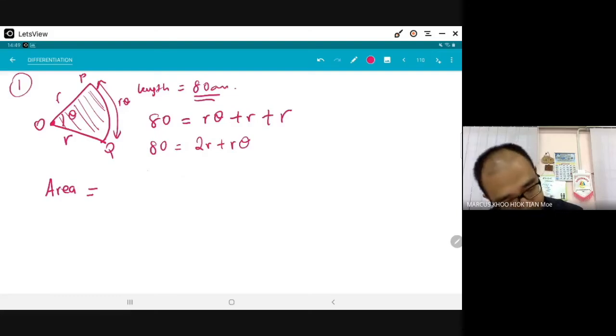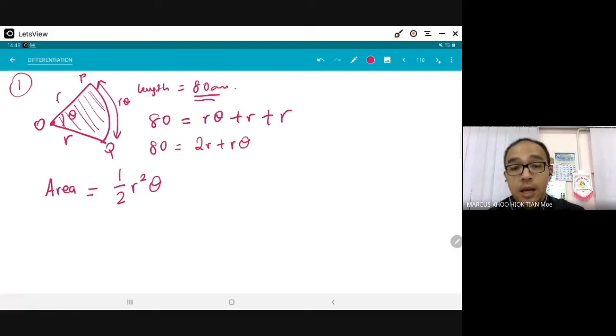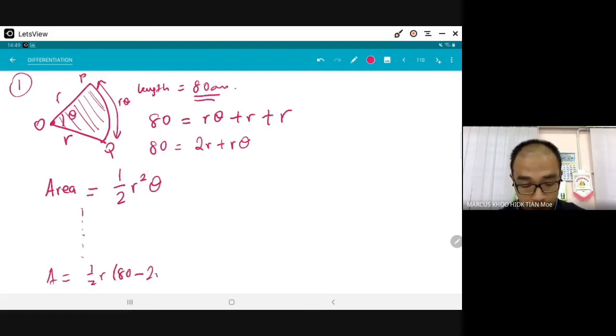Area of sector is 1/2 r squared theta. But look, it wants us to prove that the area equals to 1/2 r times (80 minus 2r). So how do I do that?